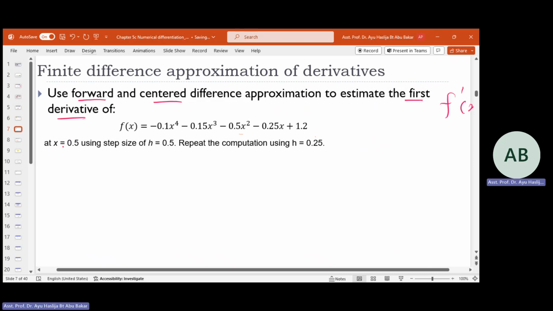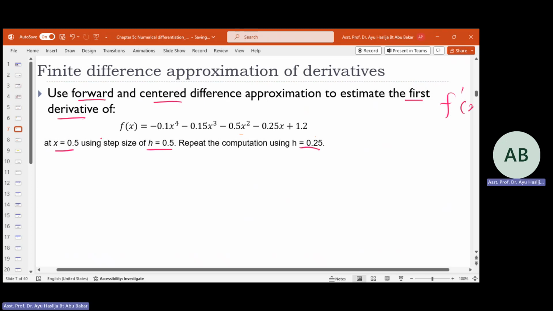Okay, it already gives you x at 0.5 using a step size of h 0.5. Then it asks you to repeat using h 0.25. It gives you the h already over here.